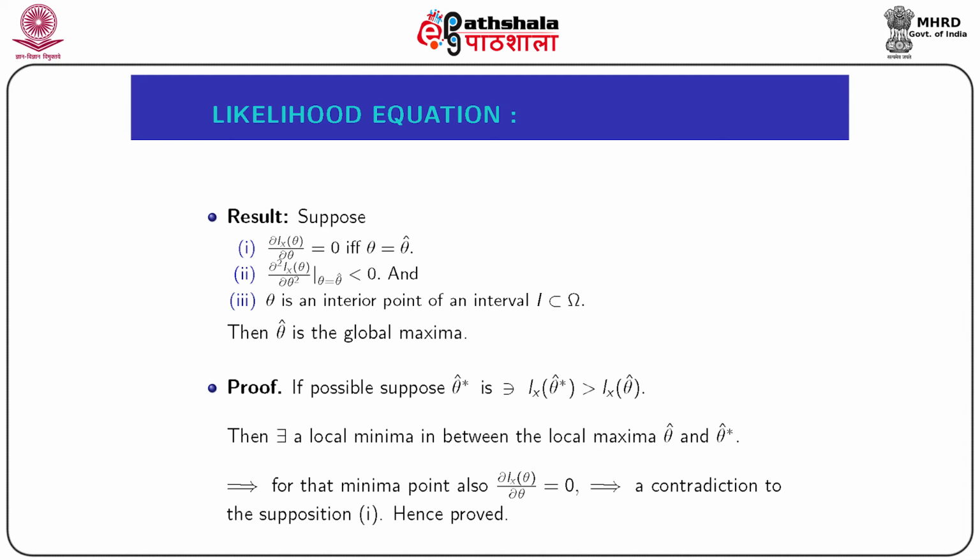Naturally, this implies that for that minima point also the first order derivative of the log likelihood function small lx theta should be equal to 0, which is a contradiction to the given condition of the result. Hence, the uniqueness of the maximum likelihood estimator theta hat is established.